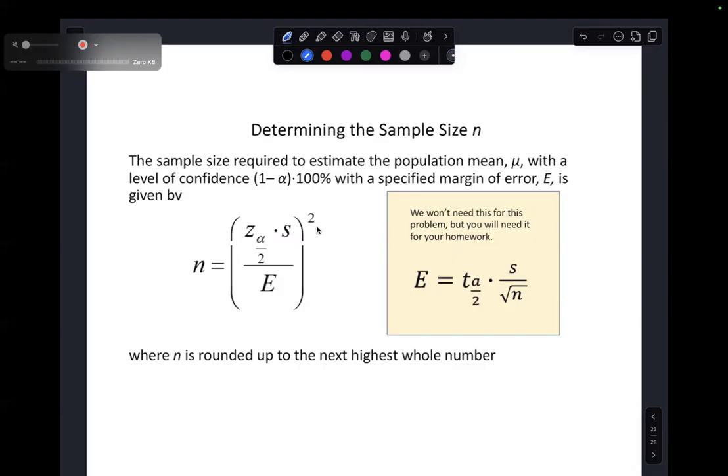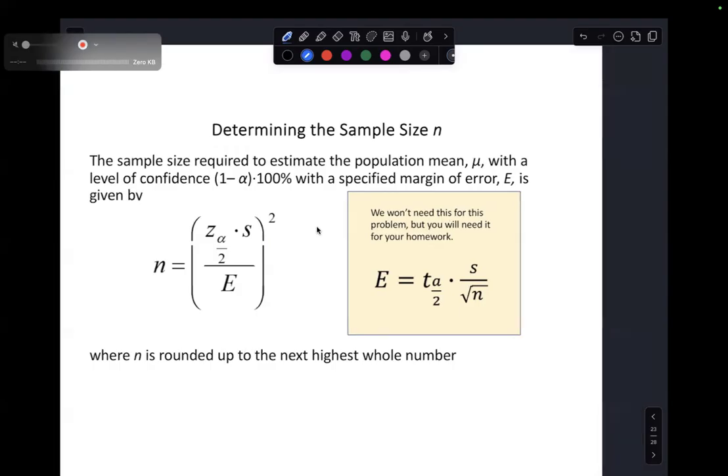Okay, I'm going to give you a second. Okay, moving on. Are we good? The capital E is just margin of error. Instead of ME like I do, they think they're cool and they just drop the M. They're not cool. They just think they are.